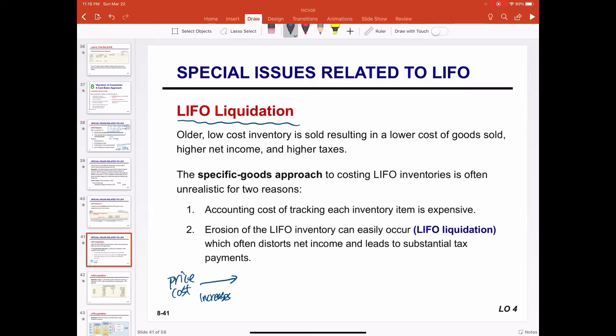We can learn that the cost of goods sold of FIFO will be less than the cost of goods sold of LIFO. So this will result in LIFO reserve.